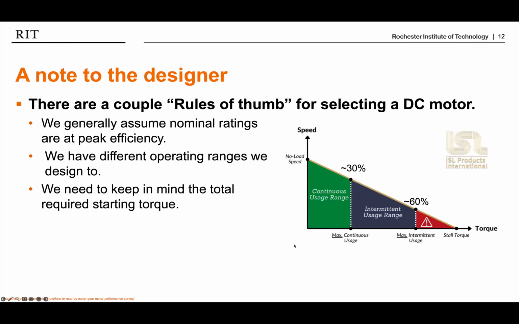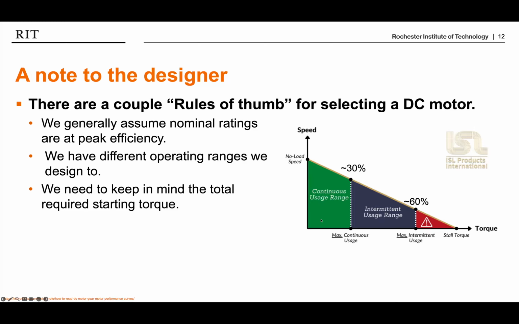And the rule of thumb goes like this. So if I look, I have speed and torque. Thank God torque is back on the x-axis. At least it feels normal now. And we design our motor so that our continuous usage is often 30% or less of our stall torque. So these percentages are referring to our stall torques.